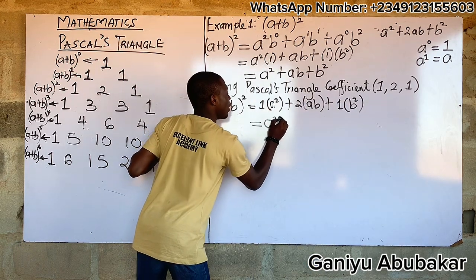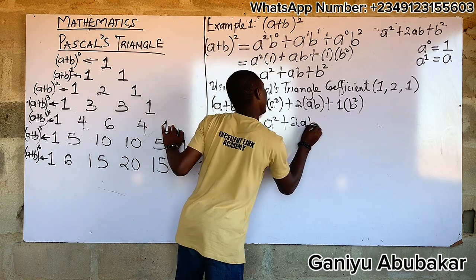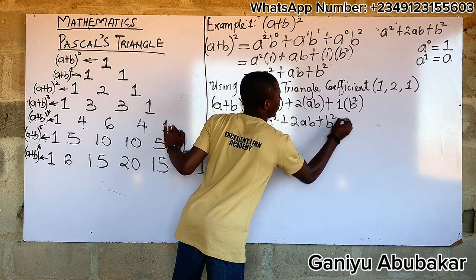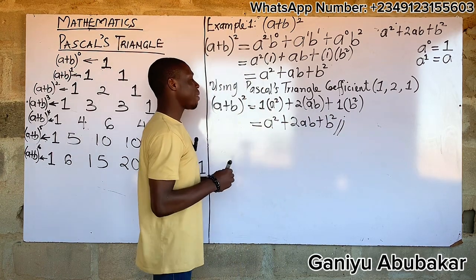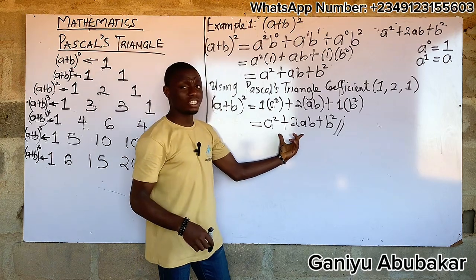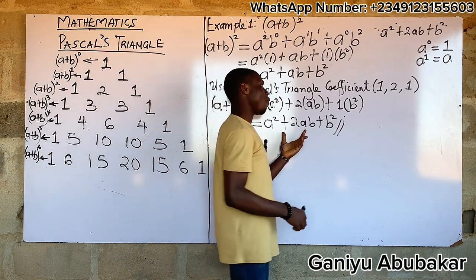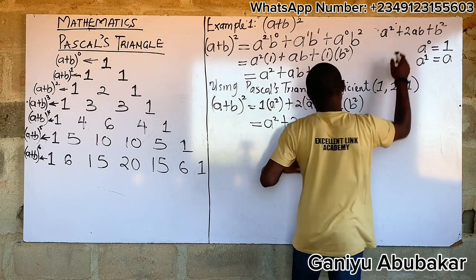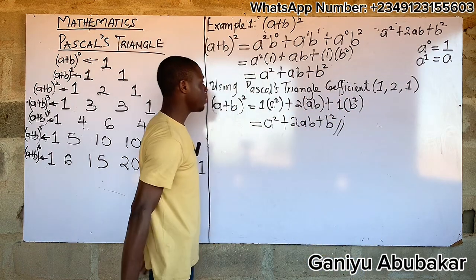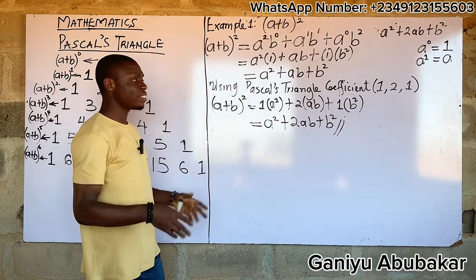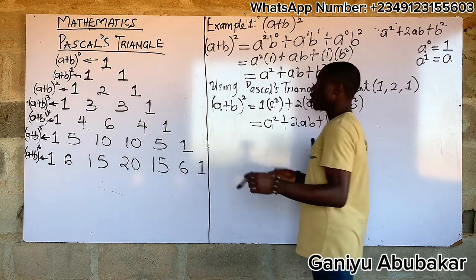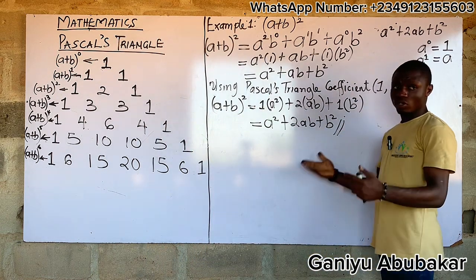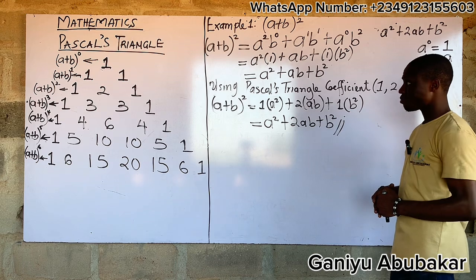That's a squared plus 2ab plus b squared. This is what I have. Observe my answer: when I use Pascal's triangle, I have the same answer as the general method. So this is how your Pascal's triangle concept works.